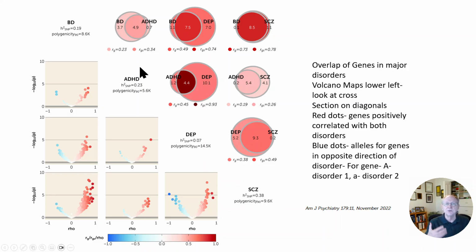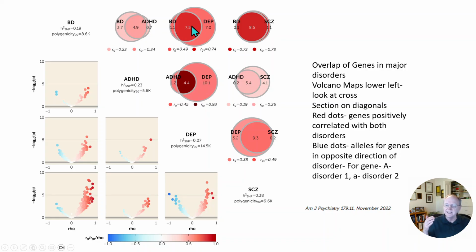But these genes are pleiotropic because they overlap so much. Look at bipolar disorder and schizophrenia: almost a perfect overlap. That doesn't mean bipolar disorder and schizophrenia are the same, but it means the genes that convey the risk for those disorders are the same. And it's strongly so for bipolar and depression.